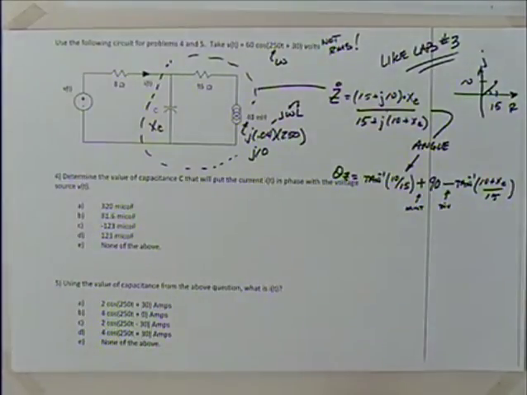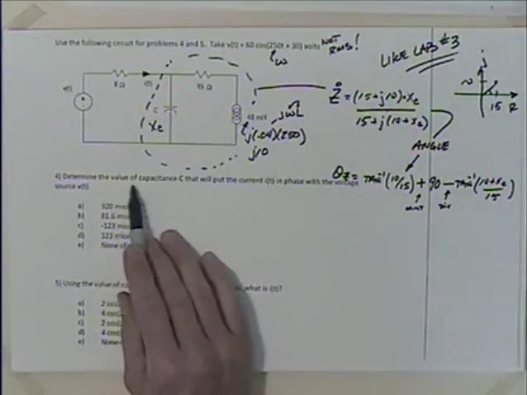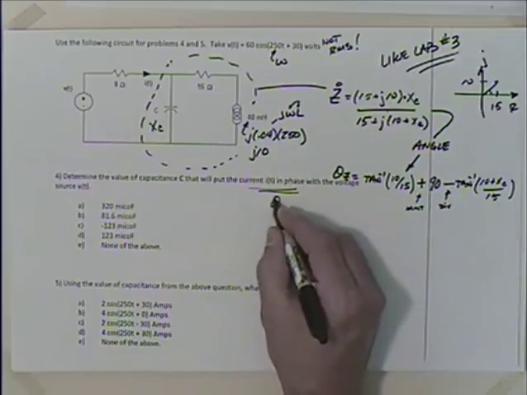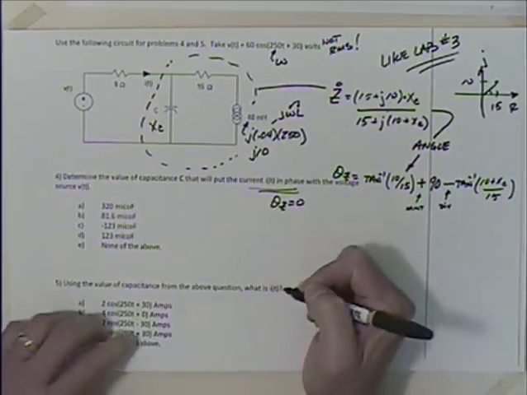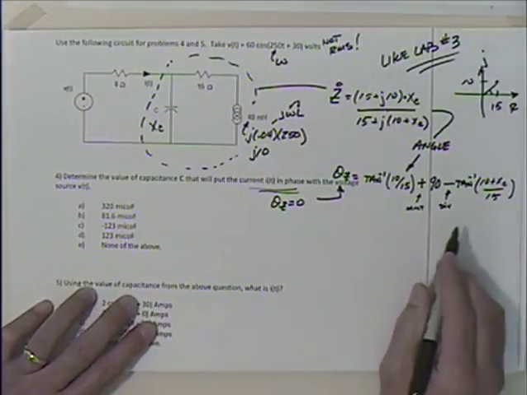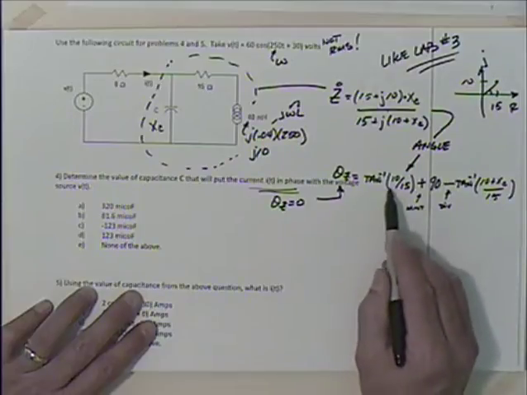So this is what I would like to solve, and I know that I need to determine the value of the capacitance that will put the current in phase. If it's in phase, theta sub z is equal to 0, right? So when I put that equal to 0, I can solve for X sub C. And going through this, this is just a number.